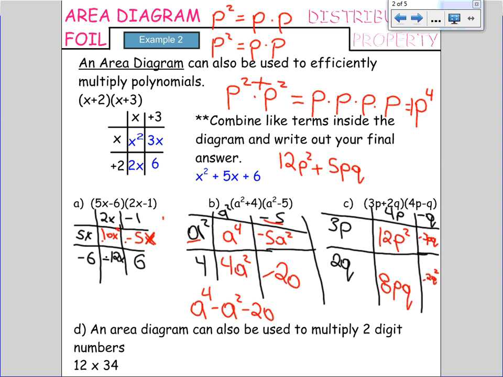Right, Ella? Okay, so you combine those. Those are like terms. We have a PQ here, and we have a PQ there. We don't have PQ anywhere else. Dawson. What about the negative 2? So that can go on its own. You just never got to finish it, Dawson.